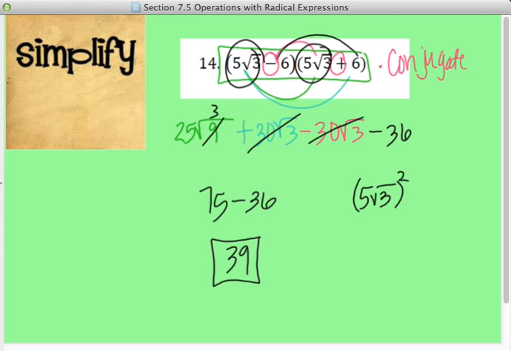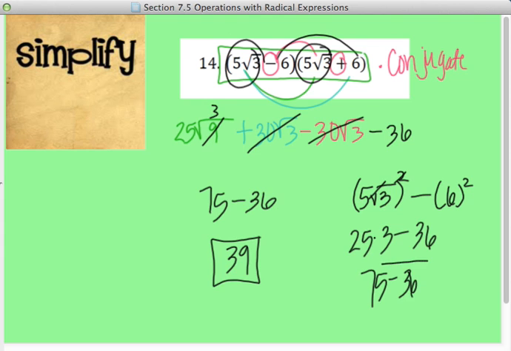Originally I had whatever this was squared, minus my last value squared. And if I do this, I'll have 25 times 3 minus 36. 75 minus 36 is 39. If you don't remember this little trick, that is fine. It's just something I'm showing you. But we are going to be using the conjugate in the next problem.